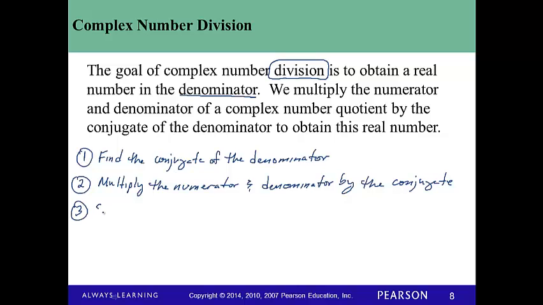And of course, step 3 would be to simplify. Okay, so find the conjugate of the denominator, multiply the numerator and the denominator by the conjugate, and then we simplify.